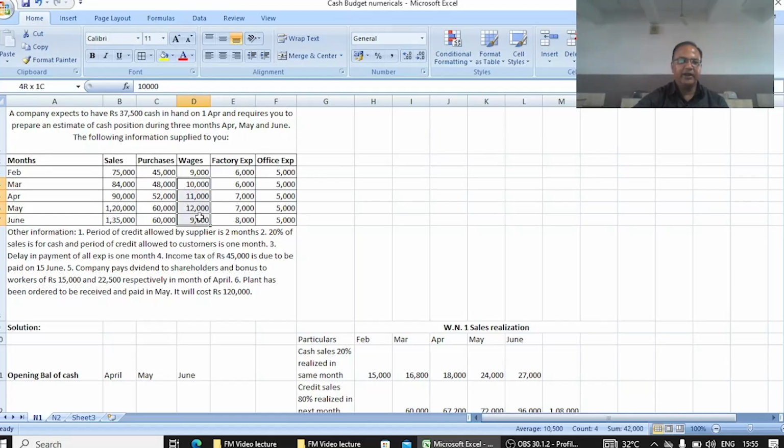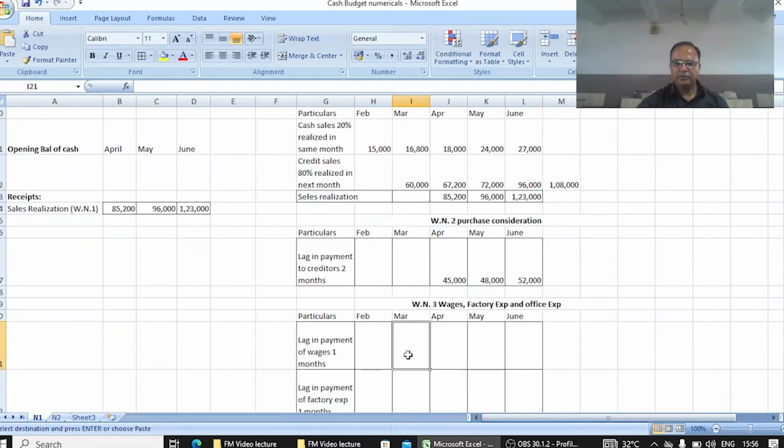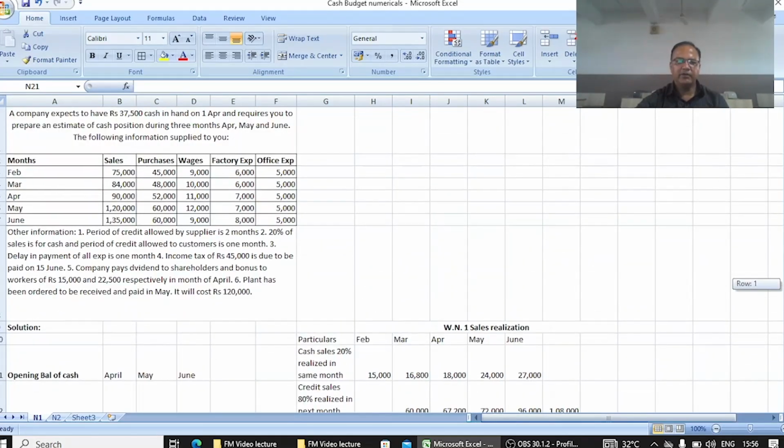So it means it will be schedule of payment. Wages: 9, 10, 11, 12.